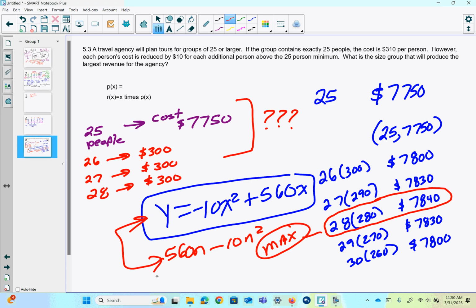And I almost feel like when you look at the ChatGPT, it accounted for that you're charging 25 people $310, and then without you, the company, knowing, you could actually continue to make more and more money.